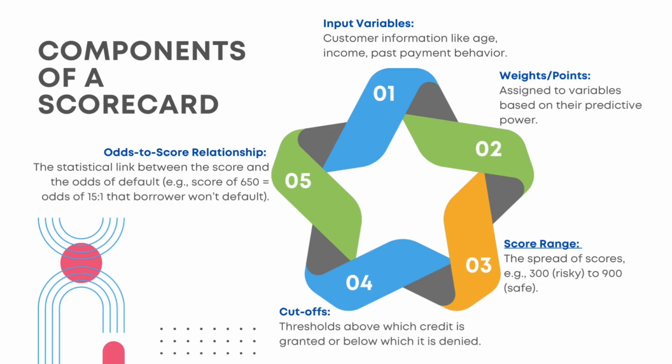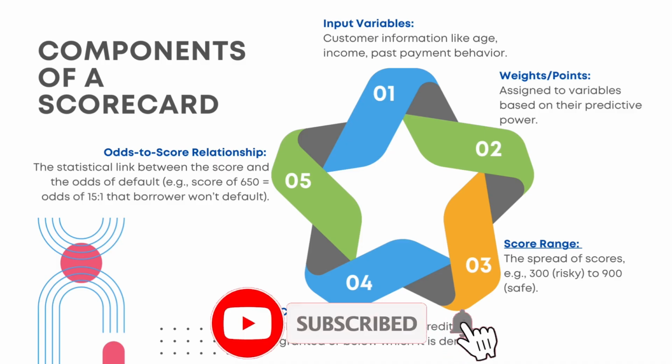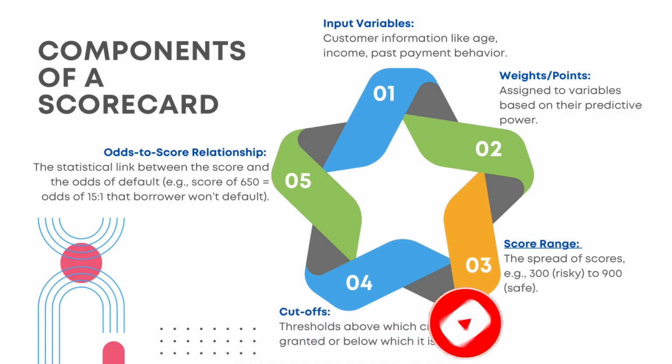Weight or points, meaning each variable contributes differently to the final score, and these weights are assigned based on statistical significance, that is their predictive power. Score range. It usually ranges from 300 to 900. It is basically the spread of scores, 300 being the risky and 900 being the safe. As you all know, the higher the score, the lower the risk.